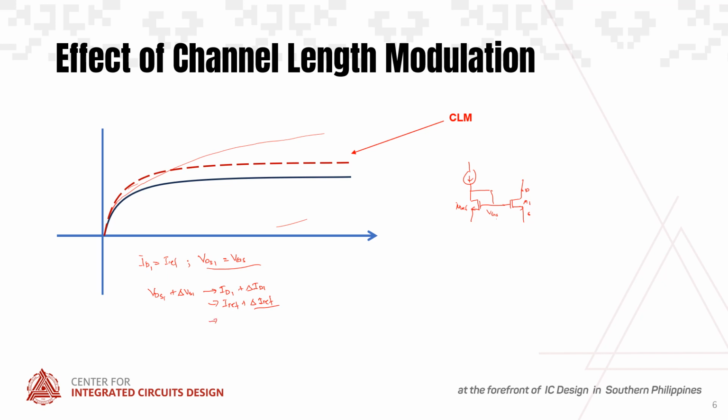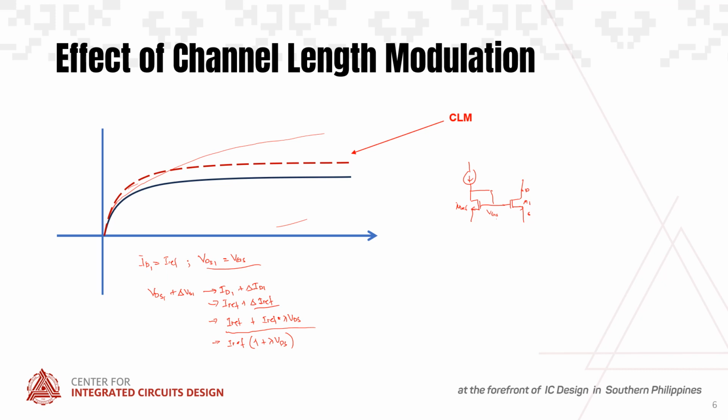So we have Iref plus Iref times lambda VDS. So this current here can be equated as Iref times 1 plus lambda VDS.